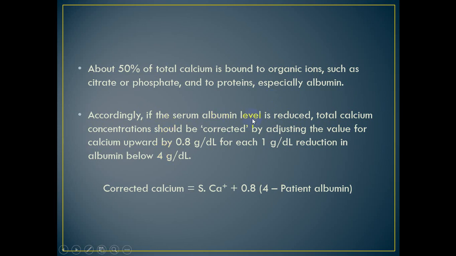Total calcium should be corrected by adjusting the value upward by 0.8 for each 1 gram reduction in albumin below the normal, which is 4. According to the equation, corrected serum calcium equals serum calcium we measure plus 0.8 multiplied by 4 minus patient albumin.